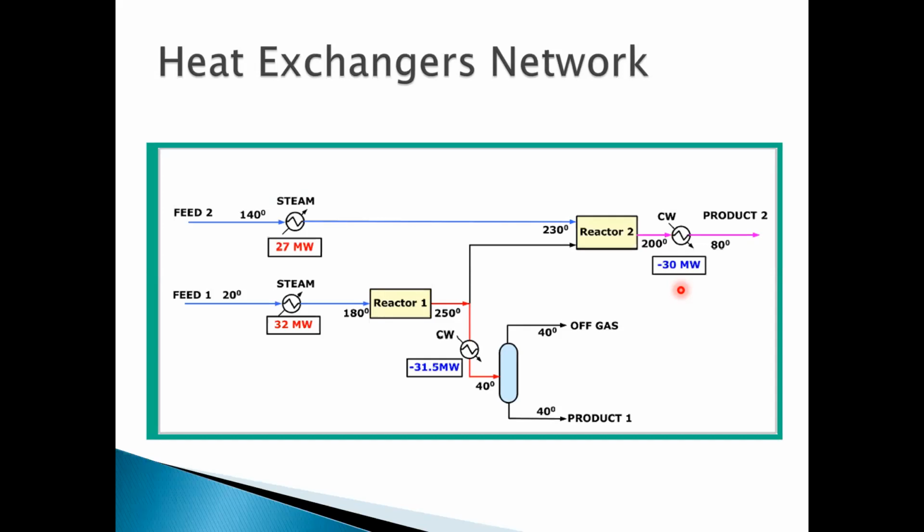Now the opportunity comes here. Can we save energy in these processes? Yes. We can exchange heat, for example, between product two and product one with the feed one.